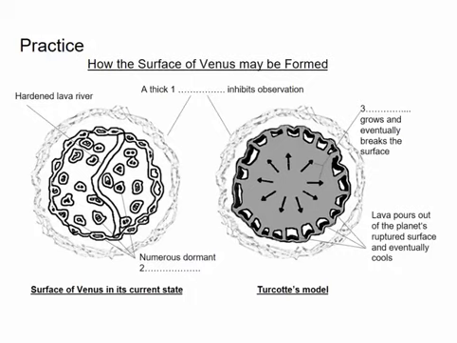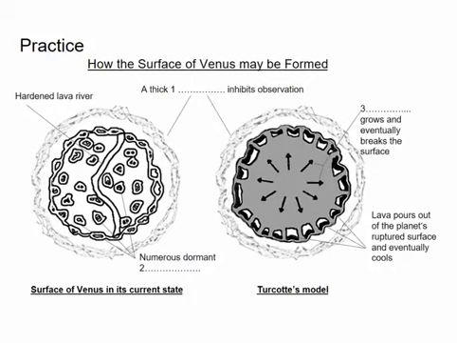So number 1, a thick blank inhibits observation. Okay, we needed to find a paraphrase in the passage describing something thick that inhibits observation. What would inhibit? Well, inhibit means to prevent something, to prevent it from happening, right?